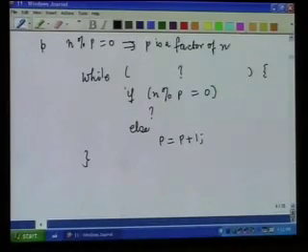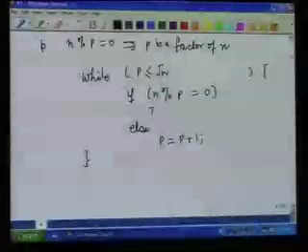Okay, so the question really is how long this loop should run. Now clearly, this loop has to stop as soon as the value of p becomes greater than square root of n. So therefore, it must be running only as long as p is less than or equal to square root of n. But if we find one factor of n, then we don't need to test the further integers up to square root of n, because finding one factor of n is good enough to say that n is not a prime.